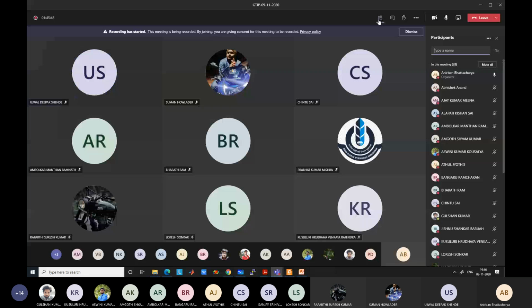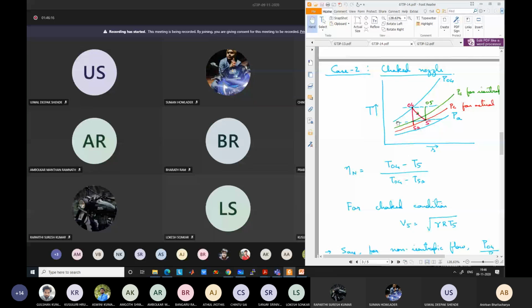Okay. But it can be defined. So you can define another efficiency. It will not be called isentropic efficiency. You can call it some other efficiency, but it can be defined in terms of this pressure, like some function of this pressure PC for isentropic, say PC by P04, or something like that, so that the value is less than 1.